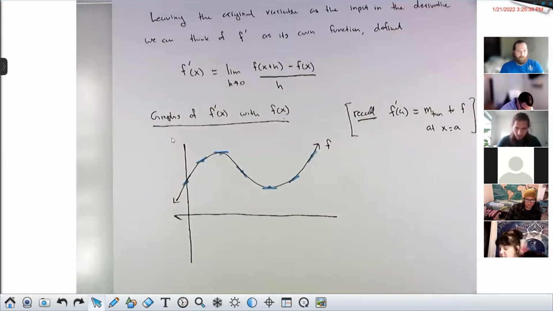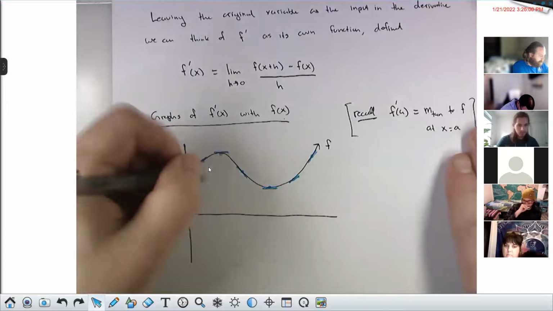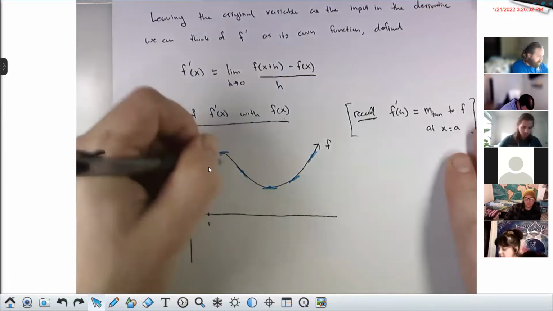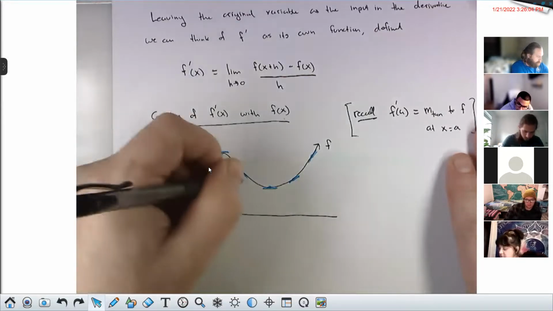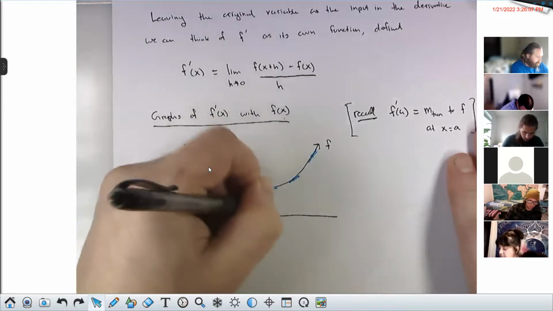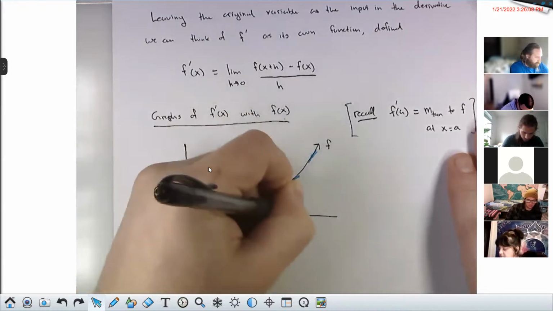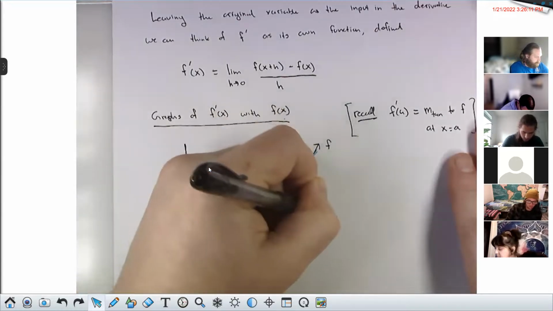So if this is my original function, then the derivative of my function at 0 would be the slope of the tangent line here. The derivative of my function at whatever this is, let's call this 1. Let me just mark these off. So I'll call this guy 1, call this guy 2, call this guy 3, call this guy 4, call this guy 5, and call this guy 6.